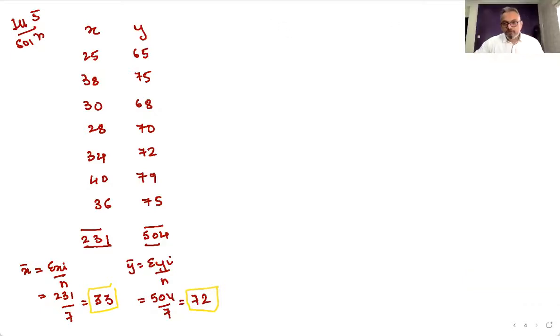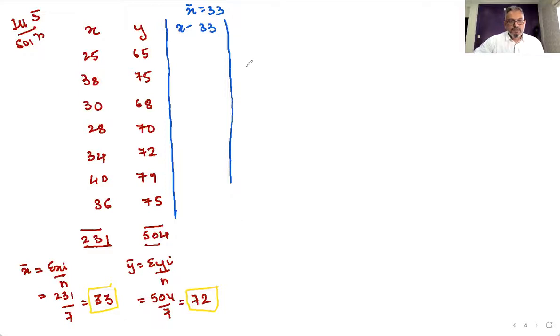Now pay a little attention. First column is, after this, x minus x bar. So x bar is equal to 33, so I'll take x minus 33. Then y minus y bar, where y bar is equal to 72, so y minus 72.